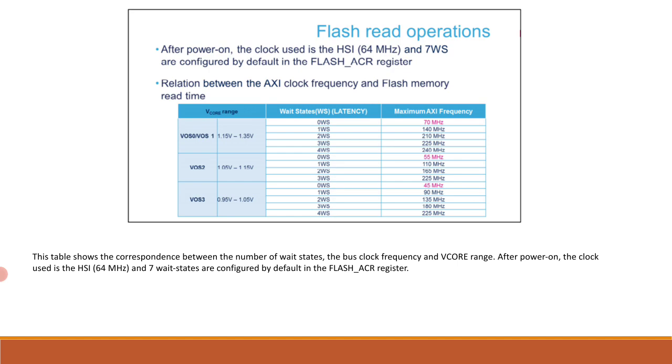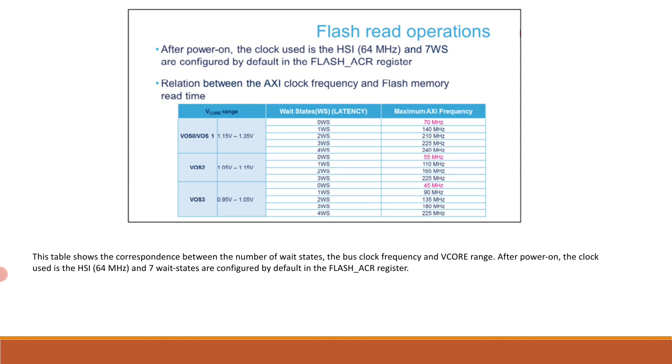After power on, the clock used is HSI 64 MHz, and some wait states are configured by default in the FLASH_ACR register. See the corresponding wait states and maximum AXI frequency. See the ones in red: you need 0 wait state at 70 MHz, 0 wait state at 55 MHz for VOS2, and 45 MHz, which are highlighted in red.